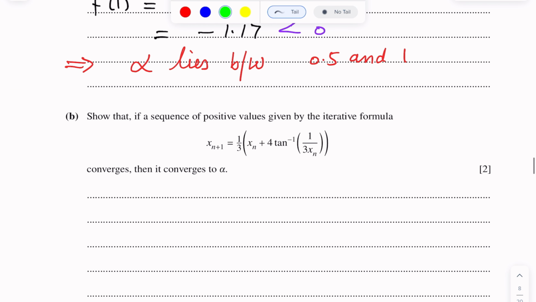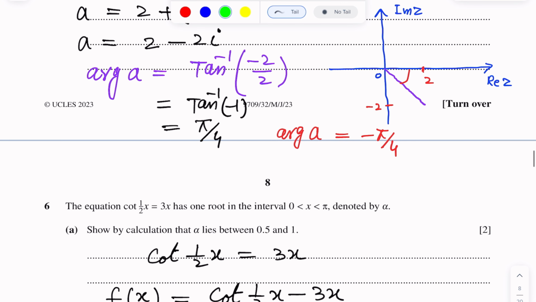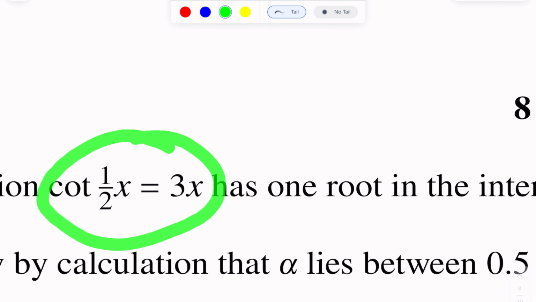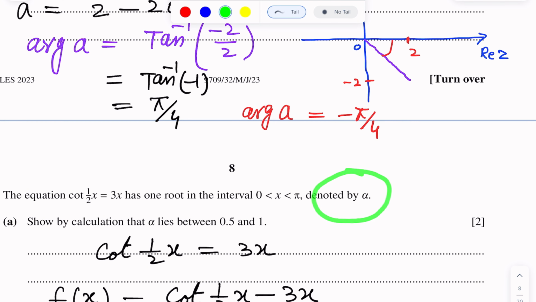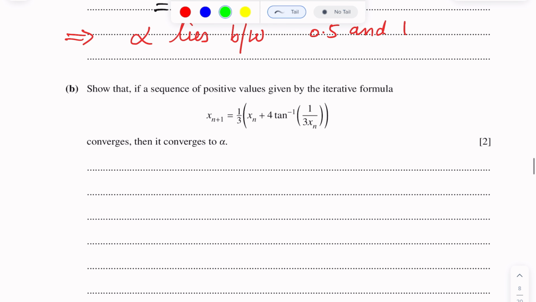So simply we have to rearrange this iterative formula to show the first equation, from which we have to find the value of alpha.